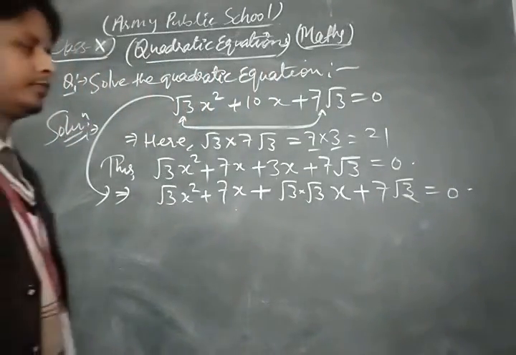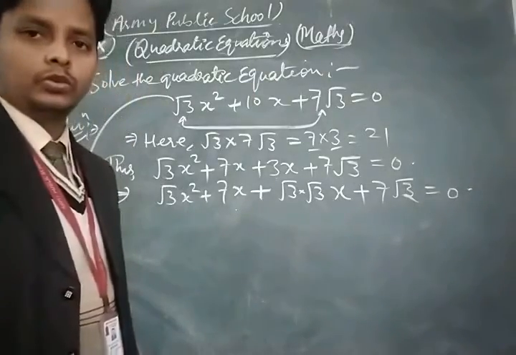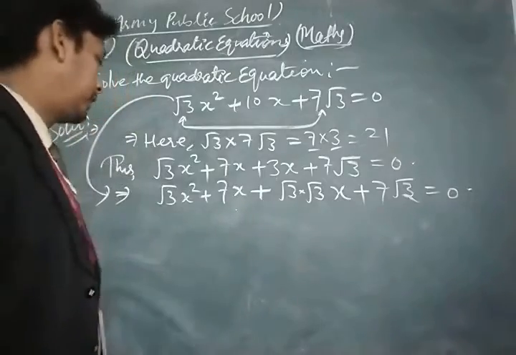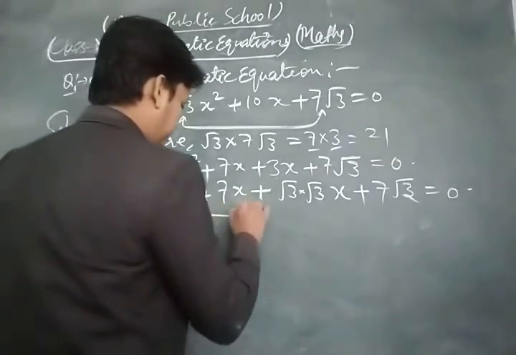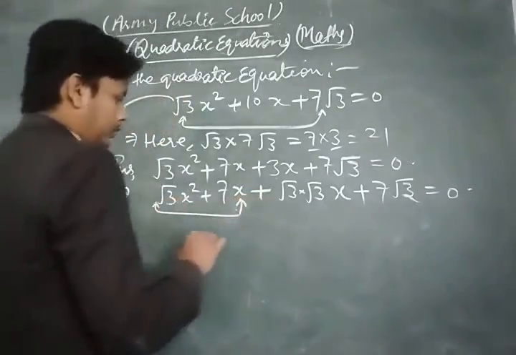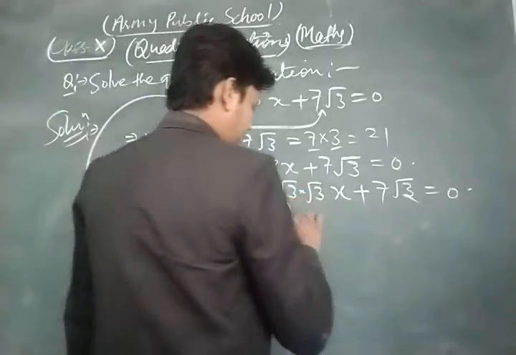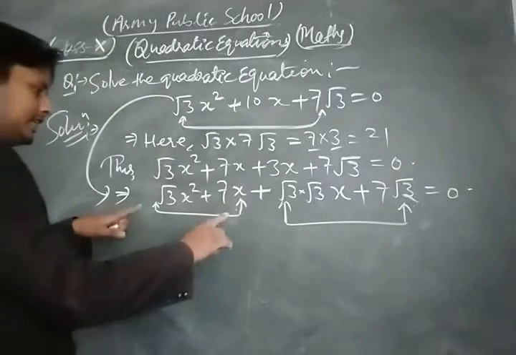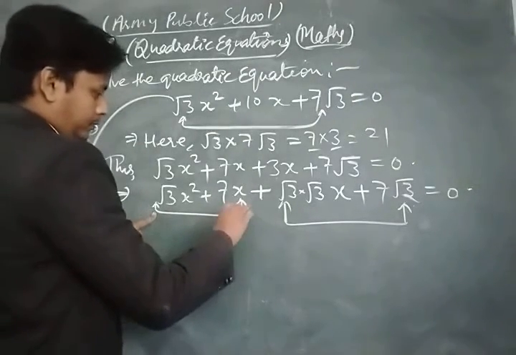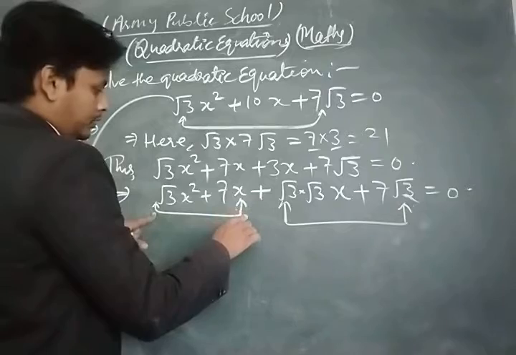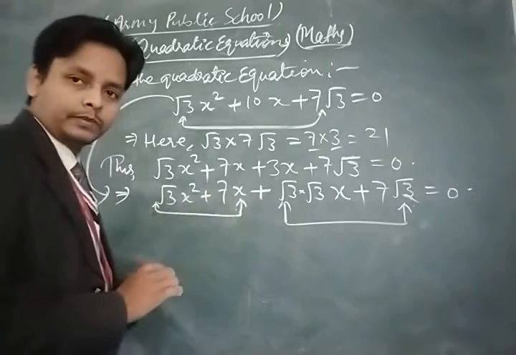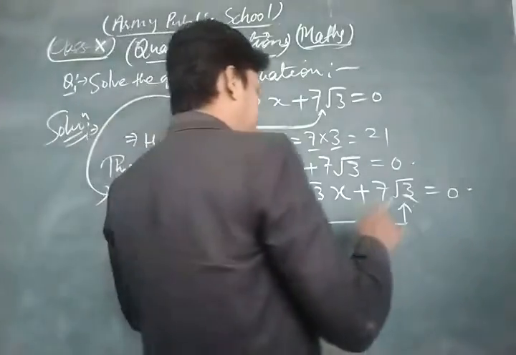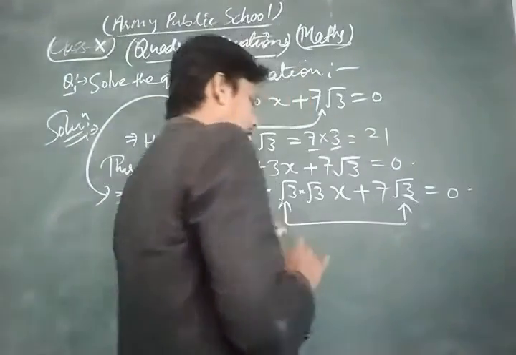Now, dear friends, we take common from the pairing of terms. Now we form a pair of terms. From these two terms, we take x as common, and from these two terms we take root 3 as common.